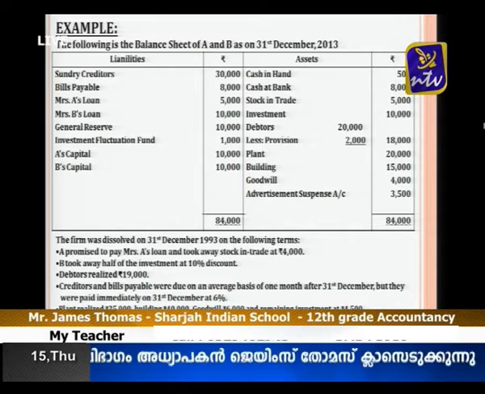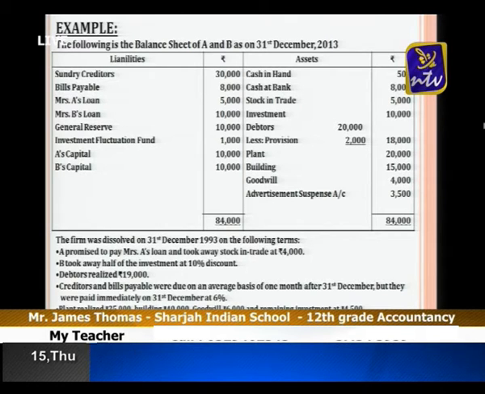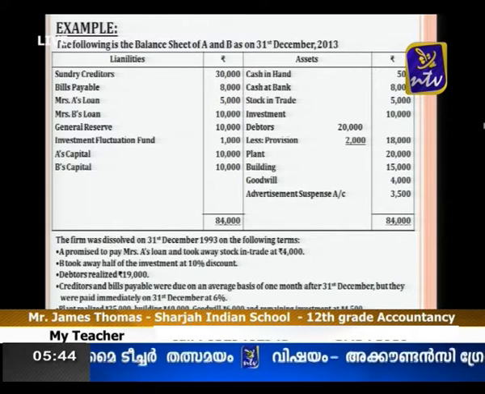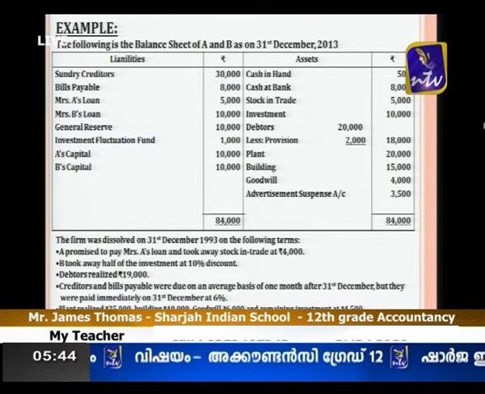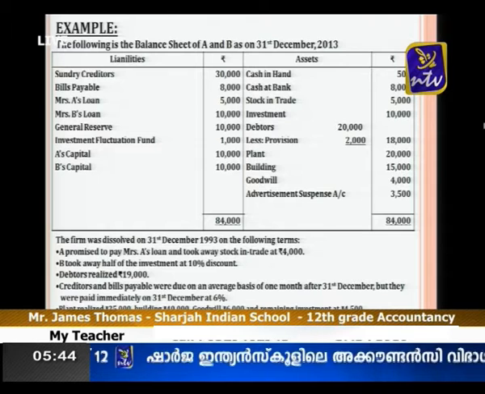Here two adjustments are given. First, he is paying the firm's liability, so the journal entry is realization account debit to A's capital. That means Mrs. A's loan is paid by Mr. A. Second, the partner is taking the firm's asset, so the journal entry is A's capital account debit to realization account.